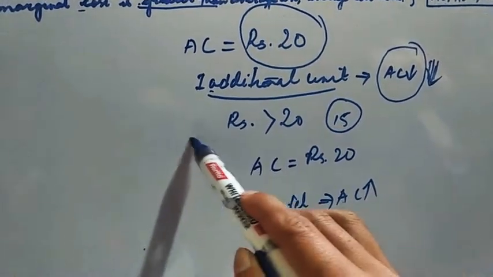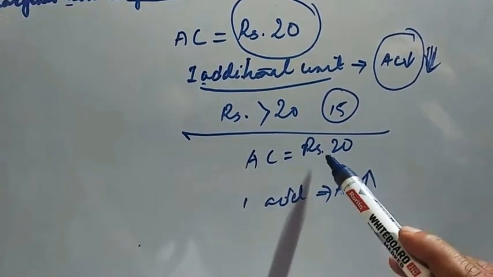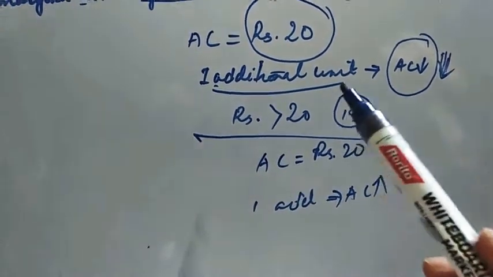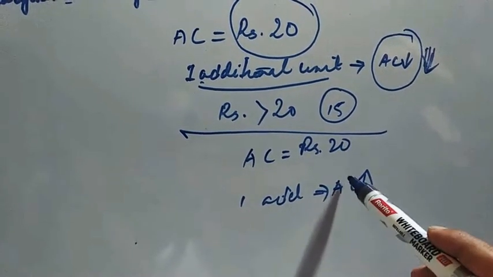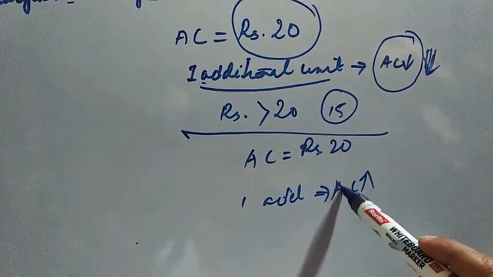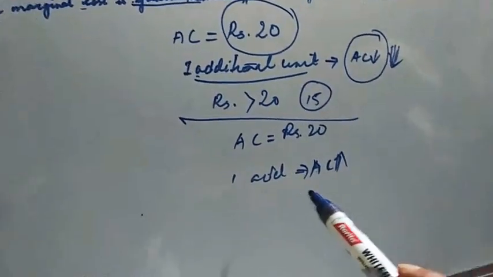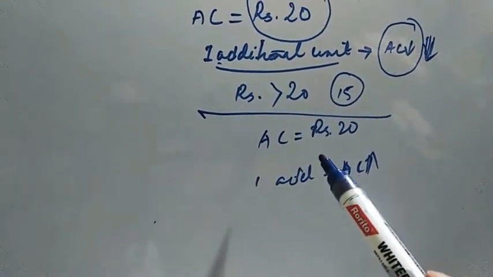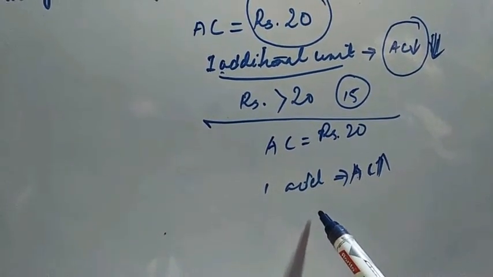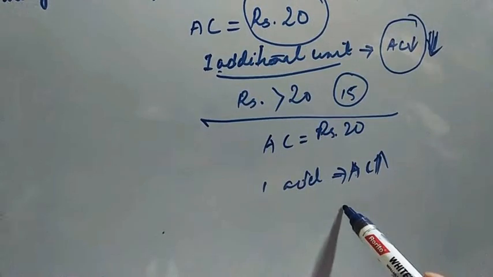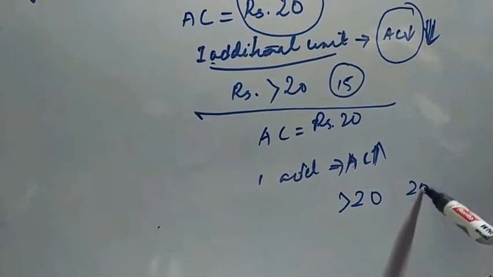Now, if a producer having his average cost rupees 20 earlier, produces one additional unit, which leads to average cost to rise, it means that the amount of money incurred in producing the additional unit is greater than rupees 20, let us say 25.